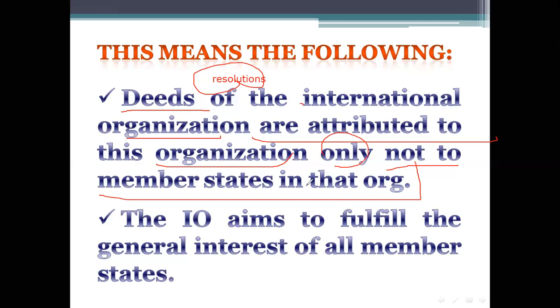It has independent will. This means that all of the deeds and resolutions are attributed to the international organization, not to the member states in the international organization. Number two, the international organization aims to fulfill the general interests of all member states.